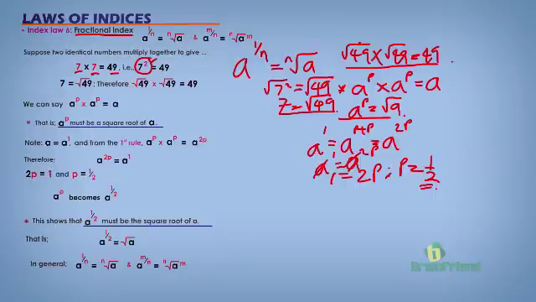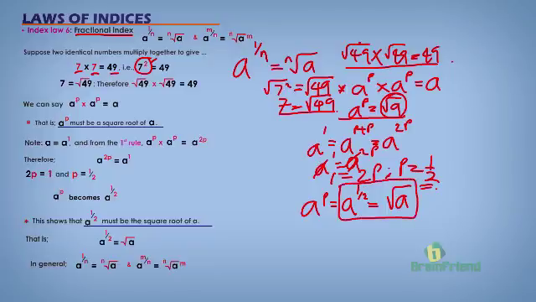It means that a raised to power p now could be written as a raised to power 1 over 2. But remember, we said that a raised to power p is a representative of square root of a. So our a raised to power half is square root of a. If we take a look at this expression here, it looks similar to what we have over here.